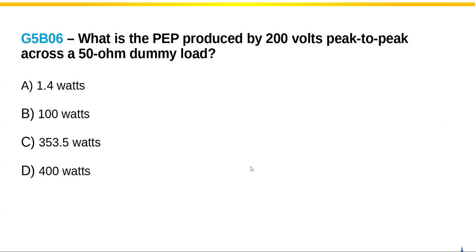What's the peak envelope power produced by 200 volts peak to peak across a 50 ohm dummy load?